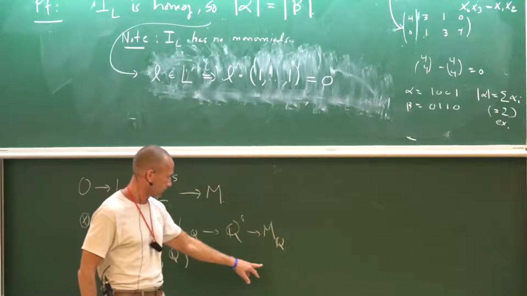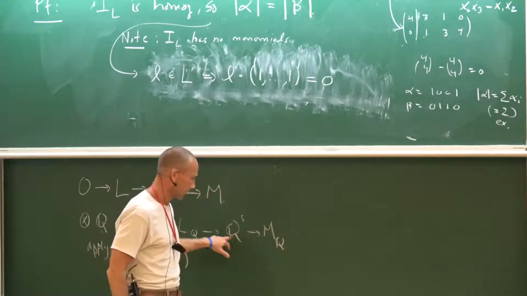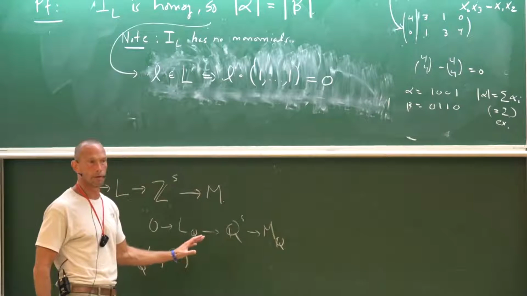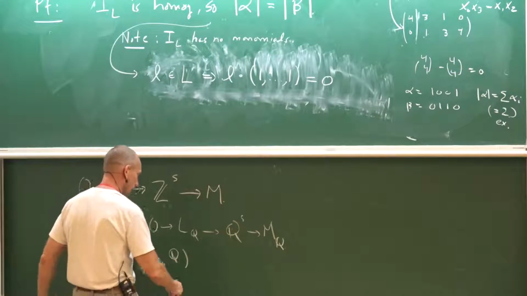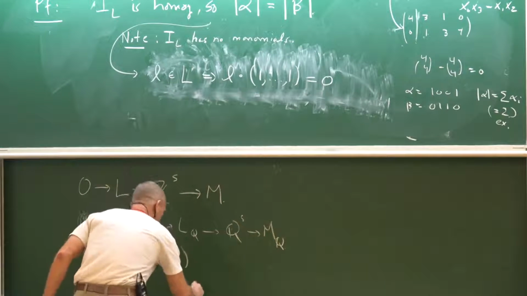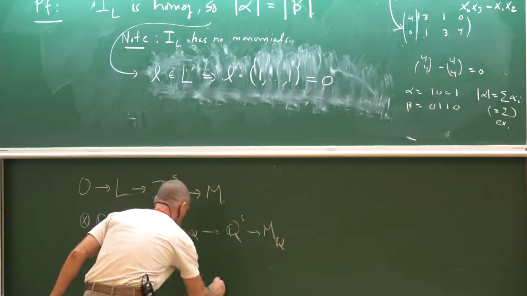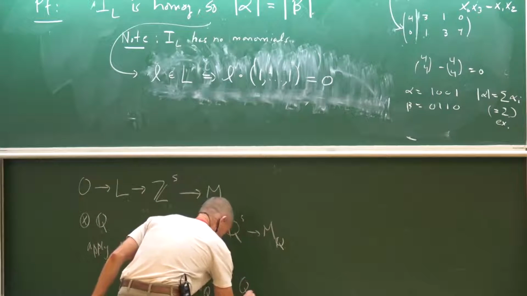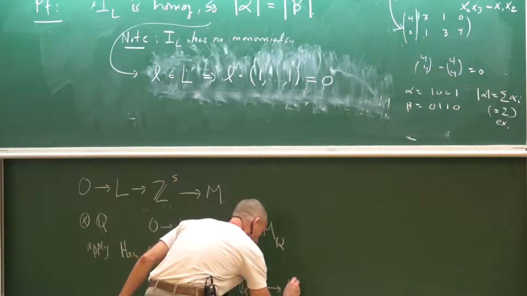If I'm fixing Q, suppose I had a map from here to here, that induces a map from here to here, right? Because I just follow the thing. So this is going to be contravariant, right? So left exact contravariant. What that means is, when I do this, I get N sub Q, this guy, goes to, I'm just going to write it as Q to the S again, even though it's a Hom, I'm being cavalier, goes to Hom.